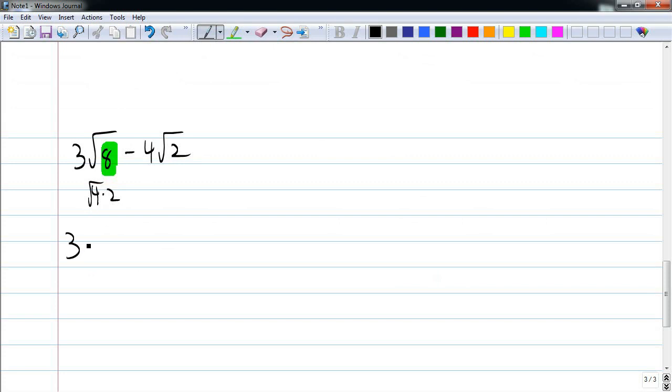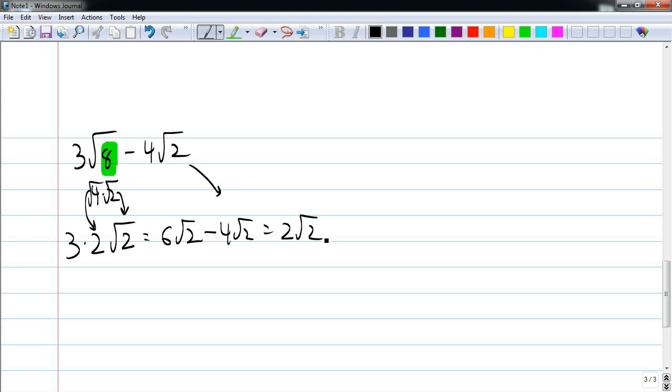So this is going to be 3 times 2 times radical 2. This 2 stays under the radical because it is not a perfect square. The 4 is; I can take the square root of that. Now I multiply the 3 and the 2 together to get 6 radical 2 minus 4 radical 2, and that gives me 2 radical 2.